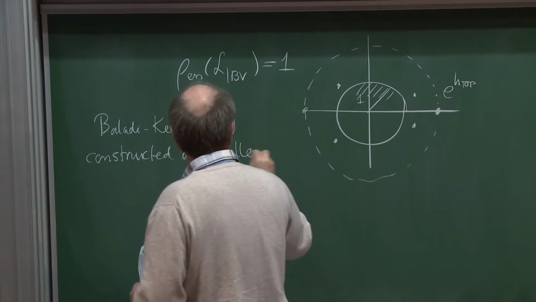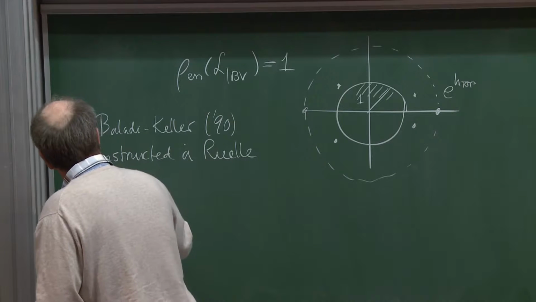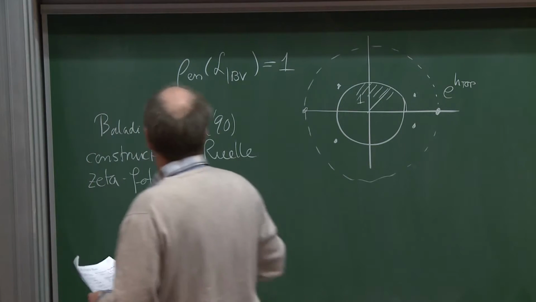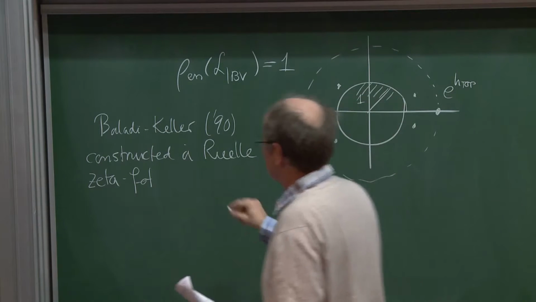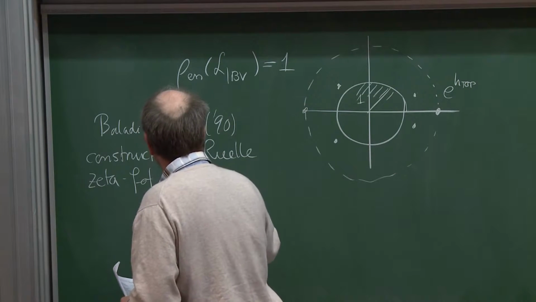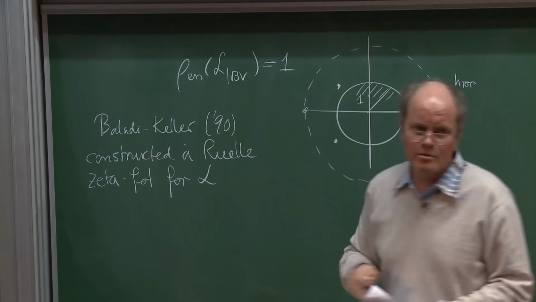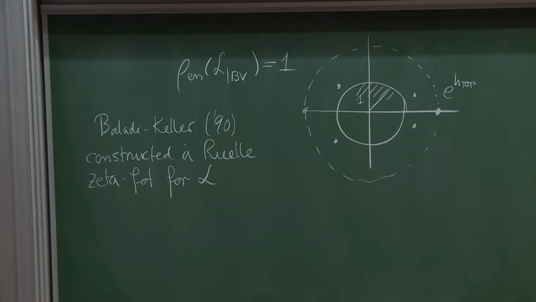I call it a Ruelle zeta function, for the operator L of this type. Actually, they do it in a more general context with weight, but it also works in this case.